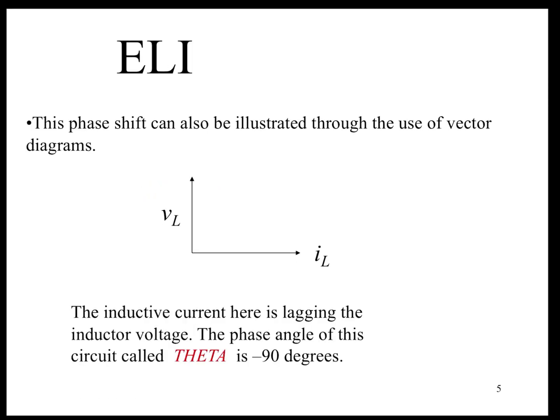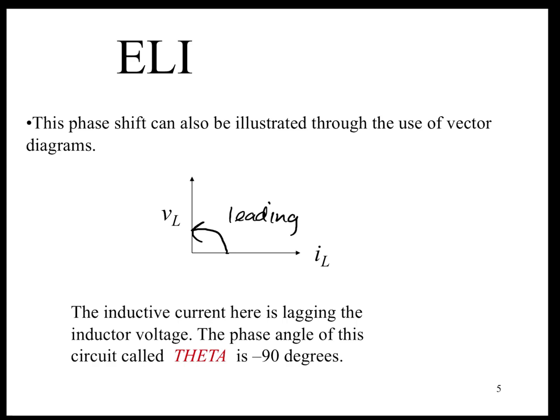So if we look at the vector phase relationship between these two quantities, one being voltage and the other being current, notice how here with the current at 0 degrees for a reference and the voltage 90 degrees to the current, we can see that this is referred to as a leading relationship.